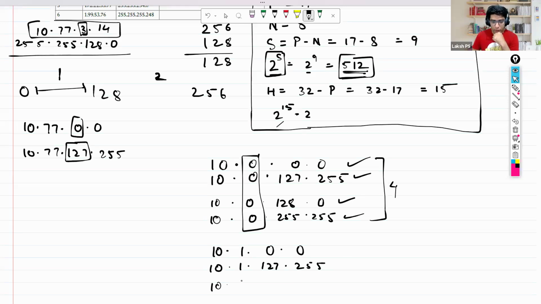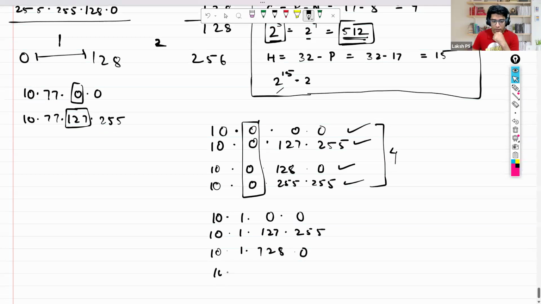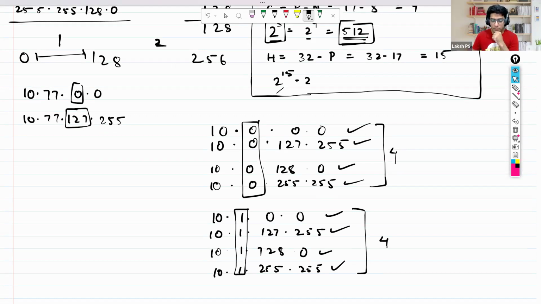Then 10.1.128.0, which goes up till 10.1.255.255. So again, you have the third subnet, fourth subnet, and so on. For each second octet number, you have two subnets.